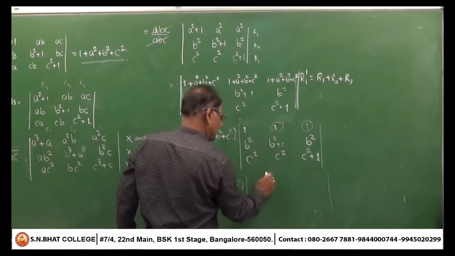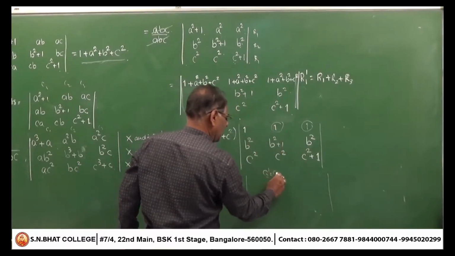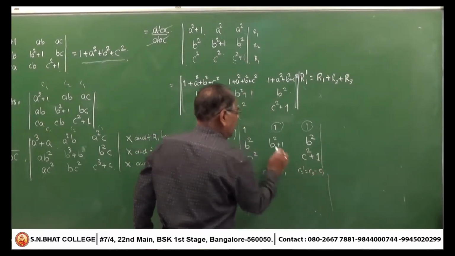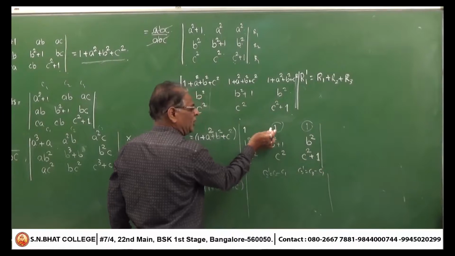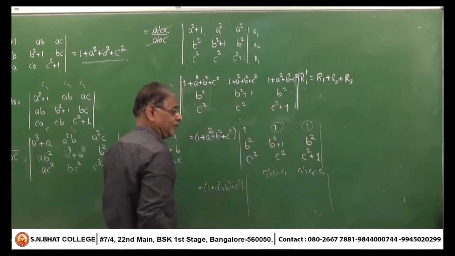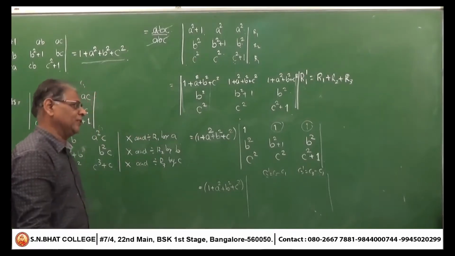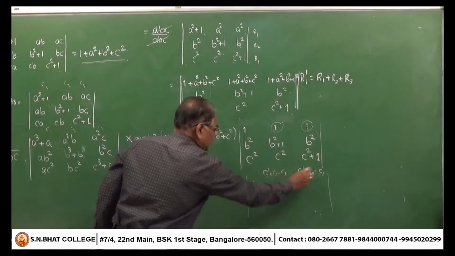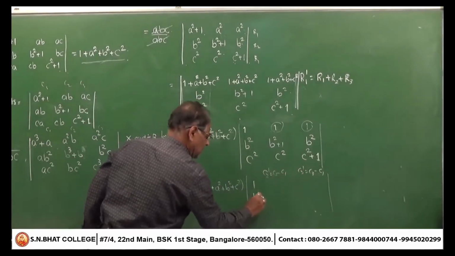C2 dash is C2 minus C1. C3 dash is C3 minus C1. To make these 2 elements 0, this minus this, C2 minus C1, this minus this, C3 minus C1. Write first column as it is. I am not touching the first column, only second and third.